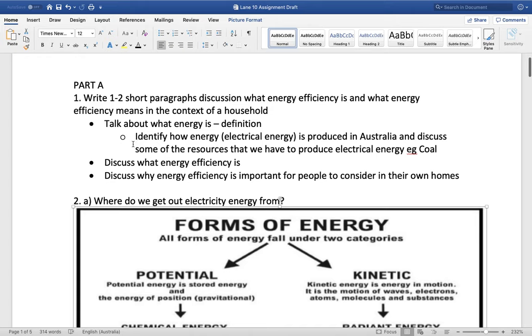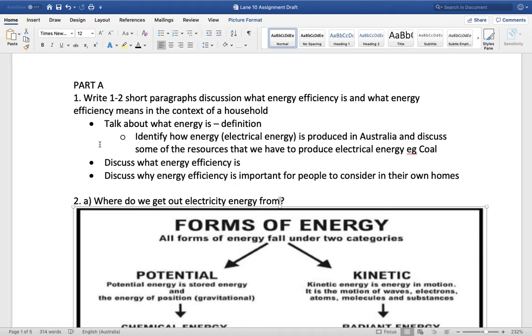This includes getting you to identify how energy, pretty much electrical energy, is produced in Australia and discuss some of the resources that we have to produce electrical energy. Okay, and I've put one example there, coal. There are many other examples that you need to research and look up yourself to complete this assignment.